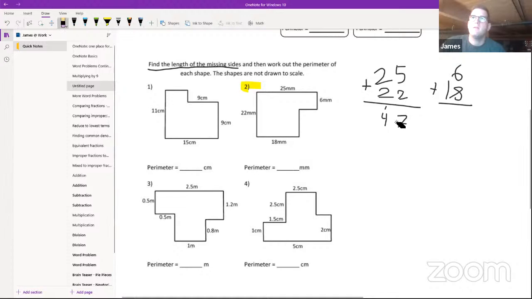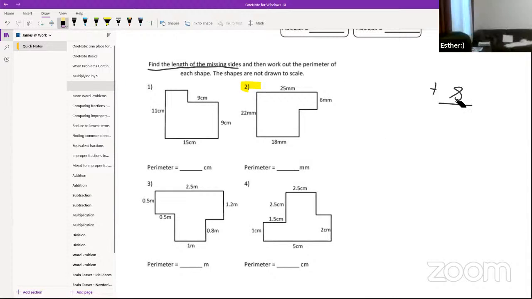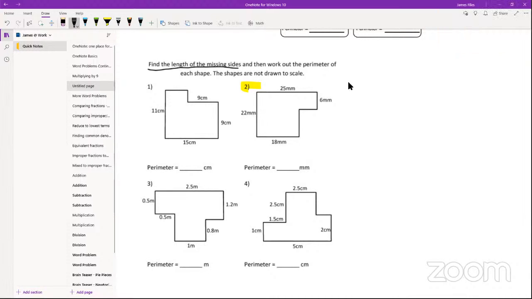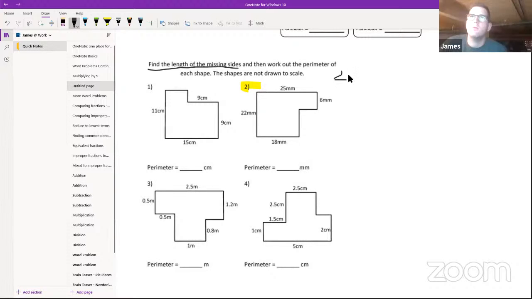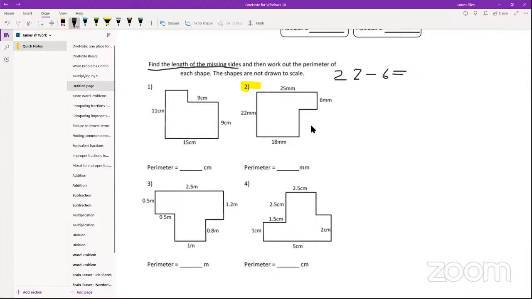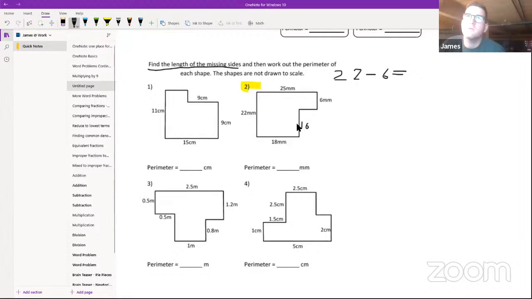So to find that unknown side, we know that the 6 and this unknown one add up to be the same length as 22. So to find this one, we just do 22 minus 6, which would give us what? 16. That's right, 16. So that's what this side is, 16 millimeters.